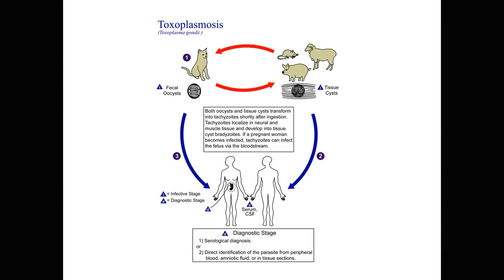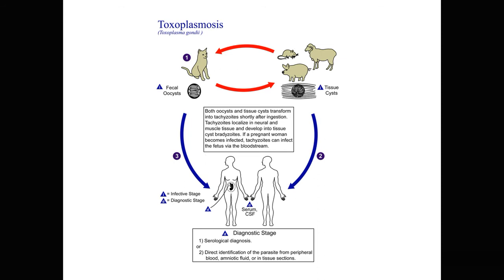They are at risk. Of course, not all cats have toxoplasma because usually domestic animals undergo deworming, and then they get antiparasitic drugs. So humans can get infected through fecal cysts as well as from tissue cysts, and both cysts turn into tachyzoites after ingestion.